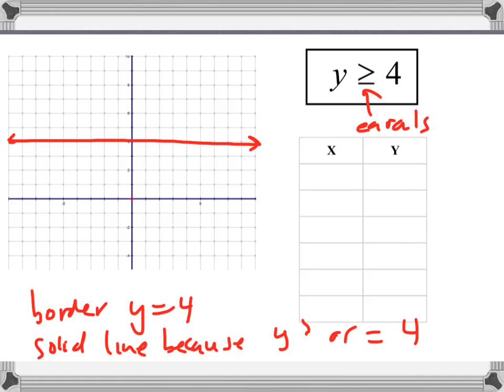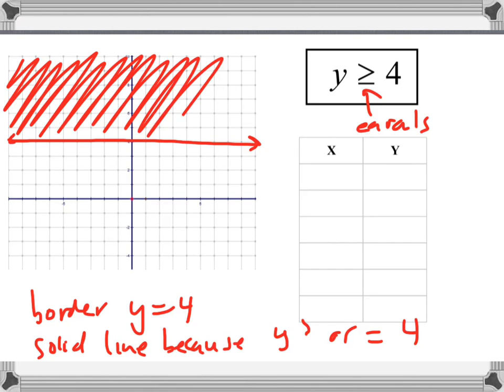Here I'm still going to shade above, because these are all the points where the y coordinates are greater than 4, but I can include that line right there. So this is the inequality y is greater than or equal to 4. So if you have a less than or greater than, this means dashed line.